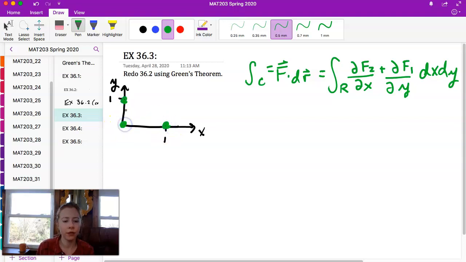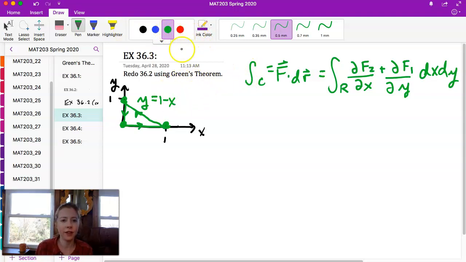So now we're not parameterizing with time. All right, so now we're going to find an equation representing this right here, which is going to be y equals 1 minus x, or x equals 1 minus y.